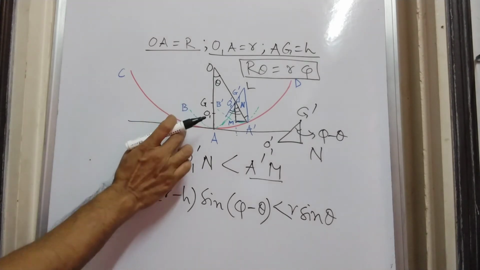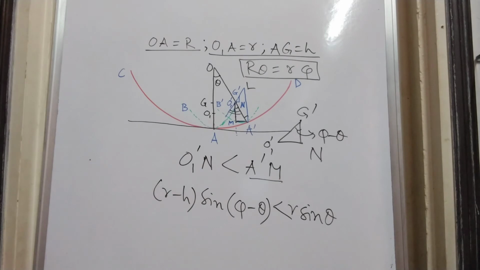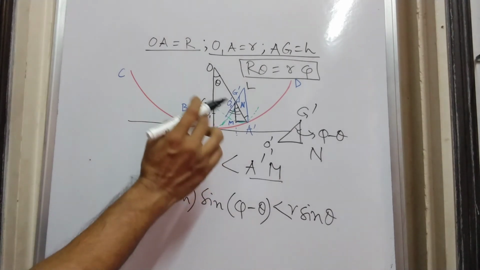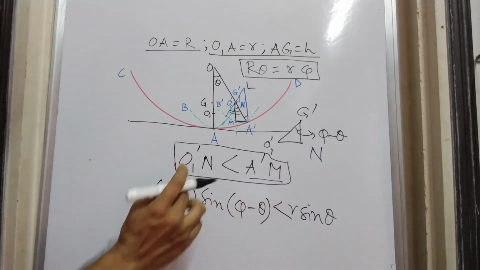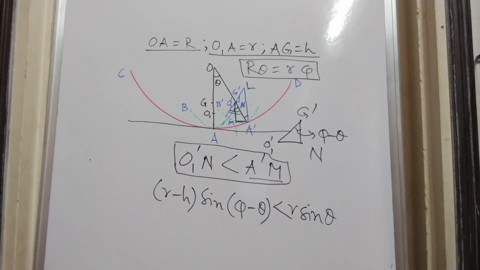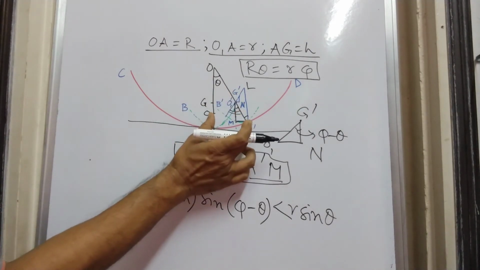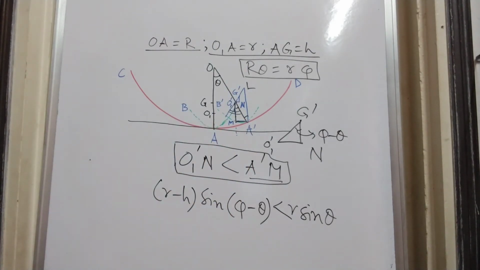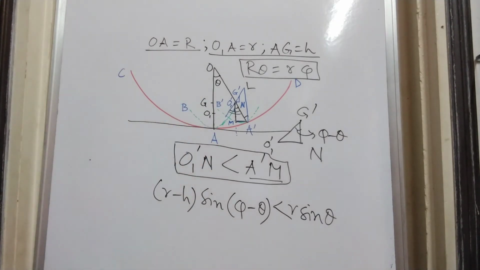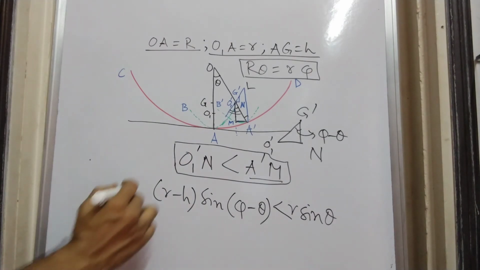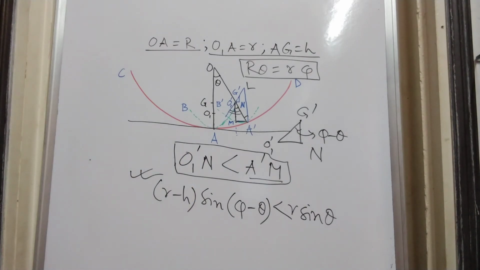So from this figure, we see that the condition of this equilibrium being stable necessitates that this arm O1 prime N must be less than A prime M, so that the weight of the smaller body and the reaction in the tilted position give us a couple which puts it back to the previous position. And for this it is required.